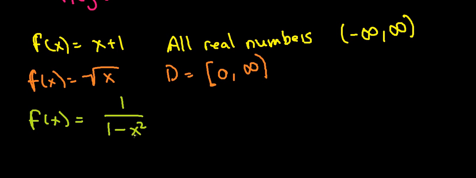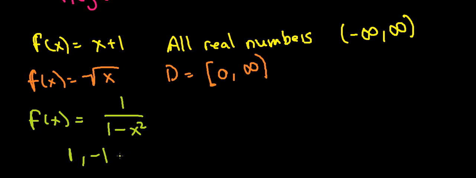If x is equal to 1, then we're going to get a 0 in the denominator. So we cannot have x equal 1 or minus 1, because minus 1 squared is also positive 1. Positive 1 minus 1 is 0. But any other number will be fine.